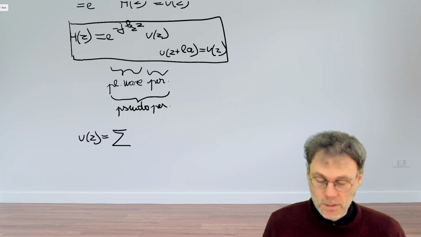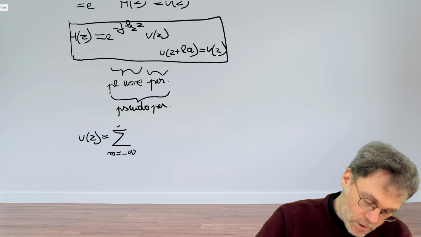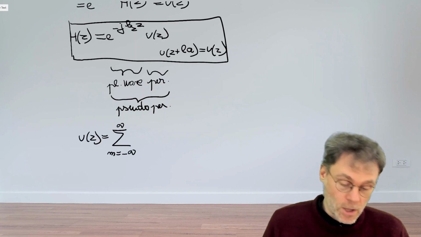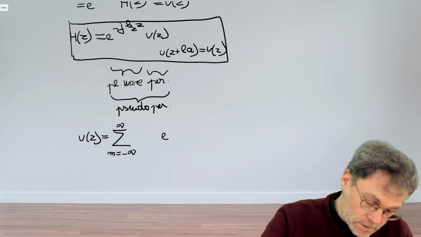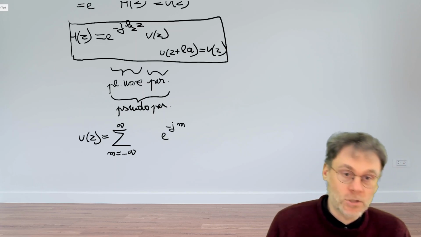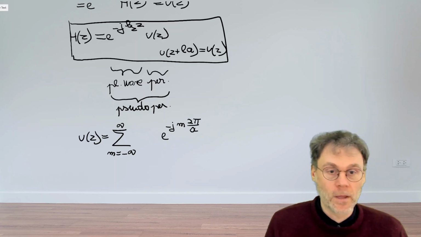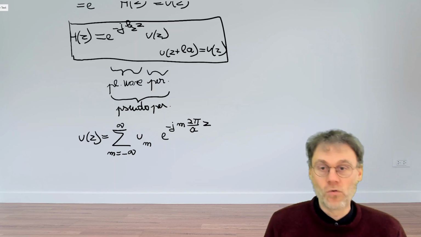Okay, our Fourier series basically looks something like this. We have a sum over m going from minus infinity to plus infinity of complex exponentials, aka plane waves, exponential minus j, and then we have m 2 pi over a times z. And then each of these plane waves has their own expansion coefficient, u m.